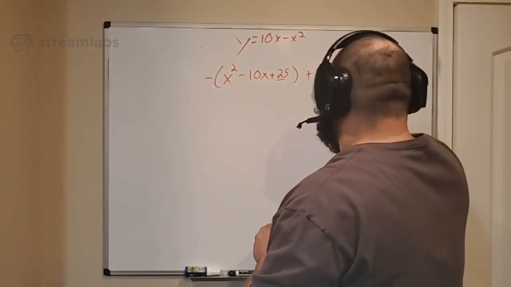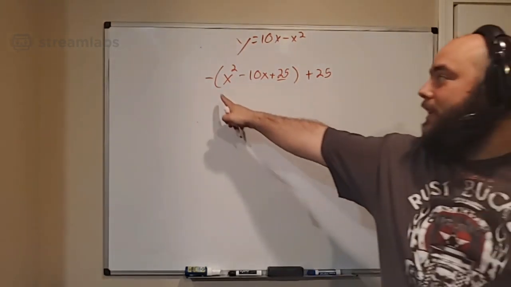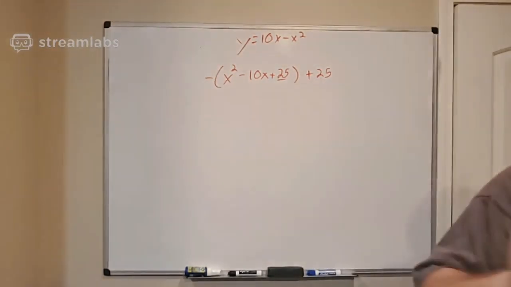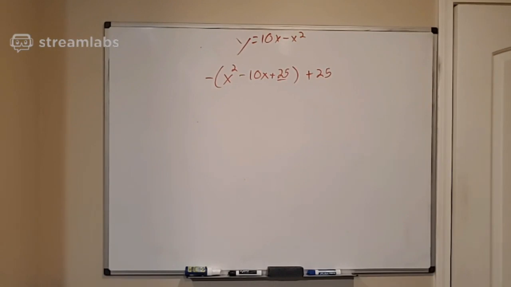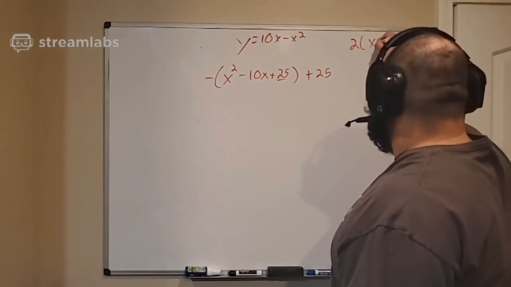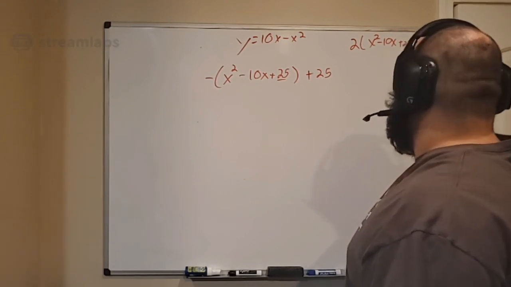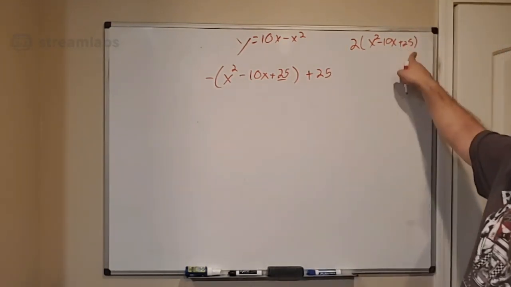That's where you got to be really careful and watch if there's a number out in front or if there's a negative sign out in front, you're actually doing it that many times or a negative version of it. This goes back to when you did completing the square with your hyperbolas and things like that in pre-calc. So if I would have had a 2 out in front, which might happen in some problems, then I'm not adding 25 at this point, I'm actually adding 50. So I would have had to have subtracted 50 on the outside.